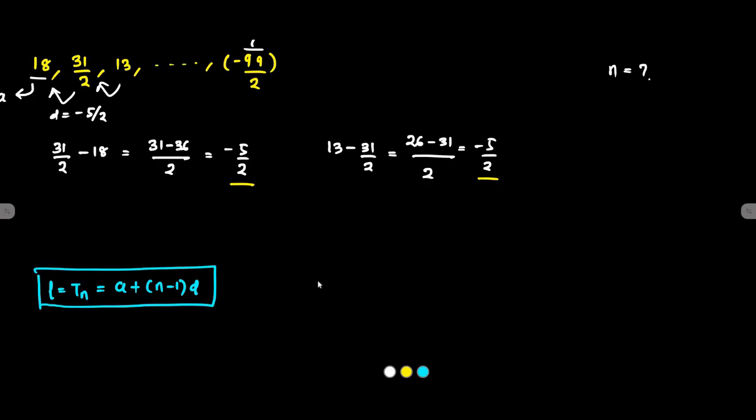So we have the first term 18 plus n minus 1 into d, which is minus 5 by 2, that is equal to the last term, minus 99 by 2.